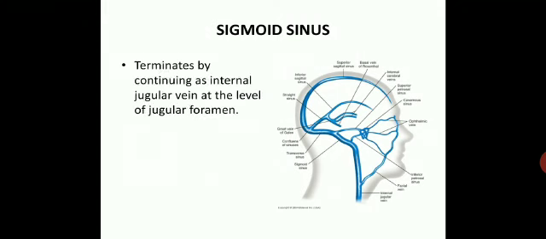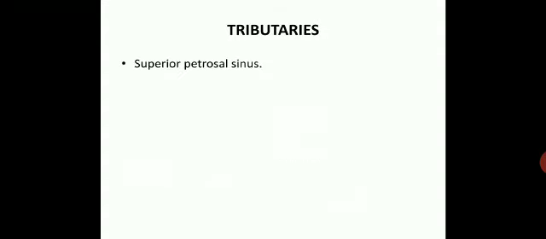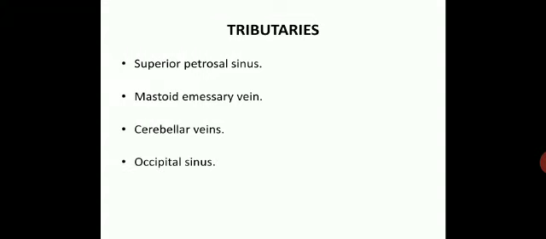It terminates by continuing as the internal jugular vein at the level of the jugular foramen. The tributaries include the superior petrosal sinus, mastoid emissary vein, the cerebellar veins, occipital sinus, and the diploic veins.